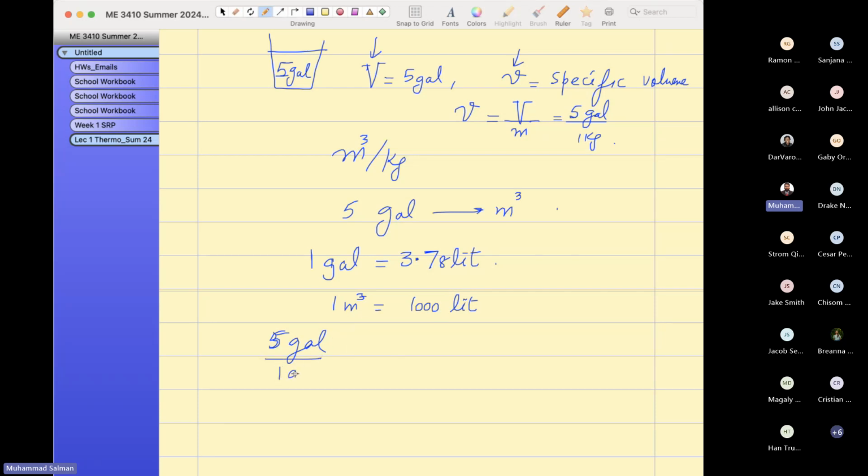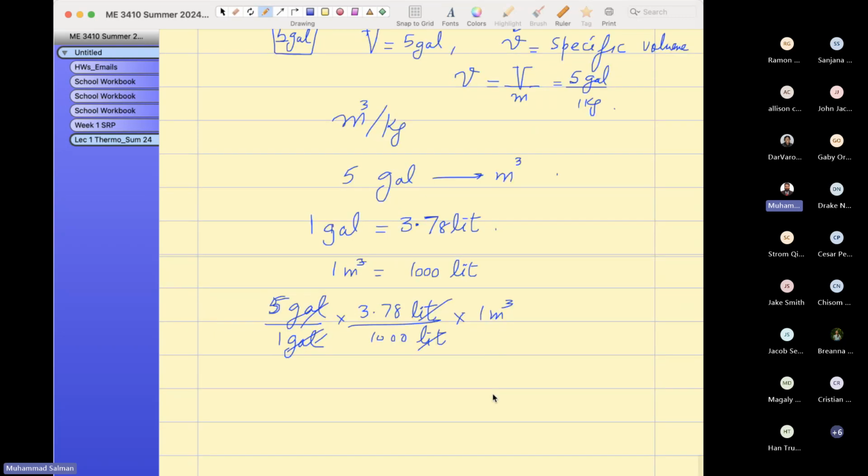We know that 1 gallon equals 3.78 liters, and we know that 1000 liters equals 1 meter cubed. That's it. So we are left with 5 times this one.